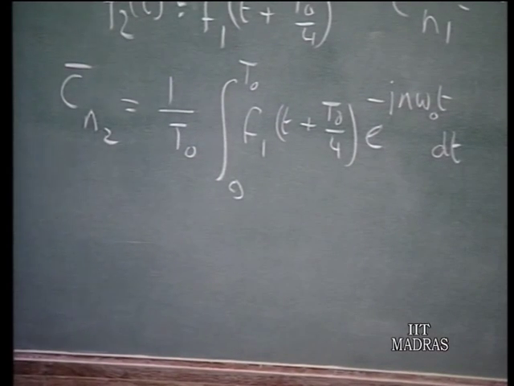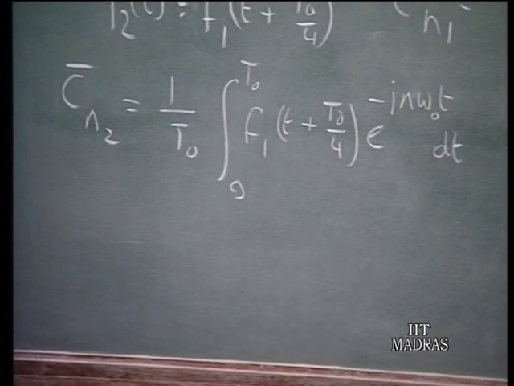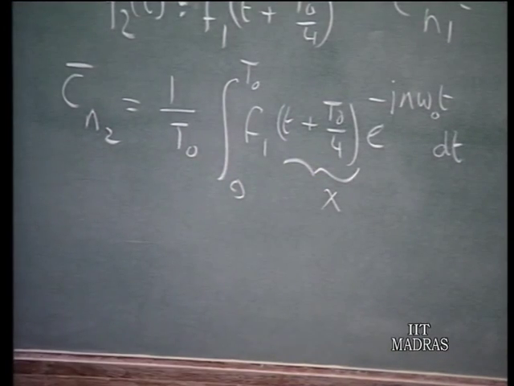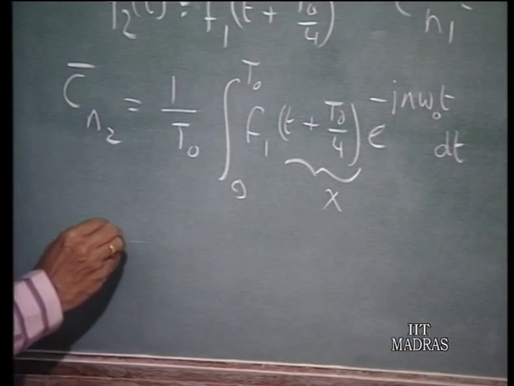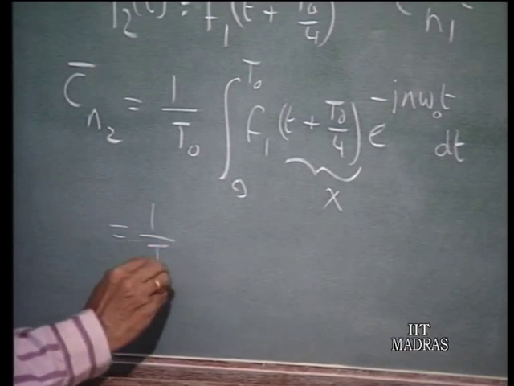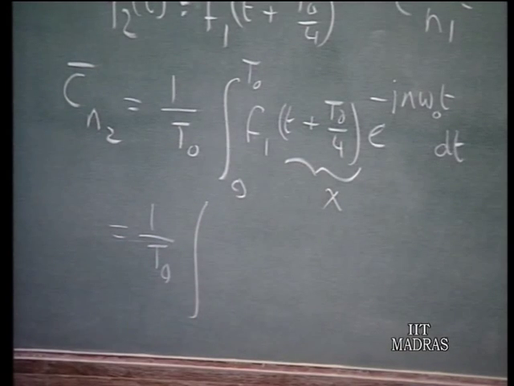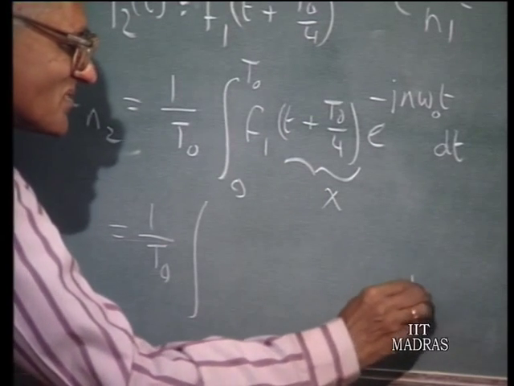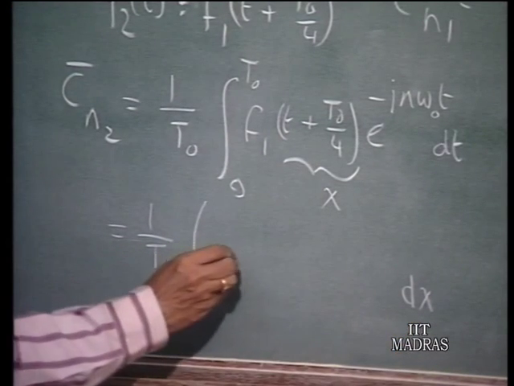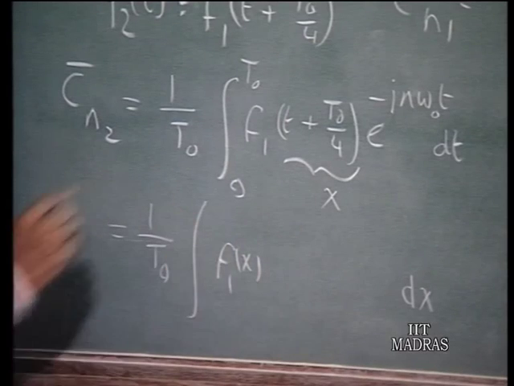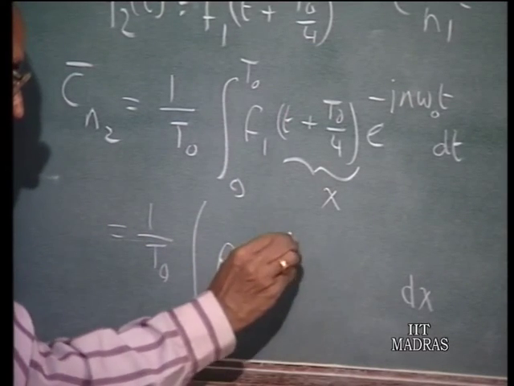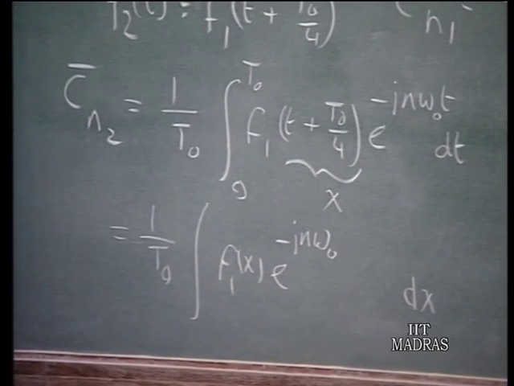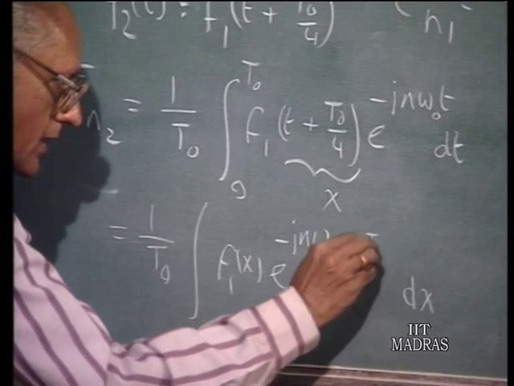Now in order to relate Cn2 with Cn1, let us make the identification that t plus t naught upon 4 equals x, in which case we can express this as 1 over t naught. Now substitute the variable t by the variable x, dt will be dx, and this will be f1 of x, of course, and e power minus jn omega naught t will be x minus t naught upon 4.